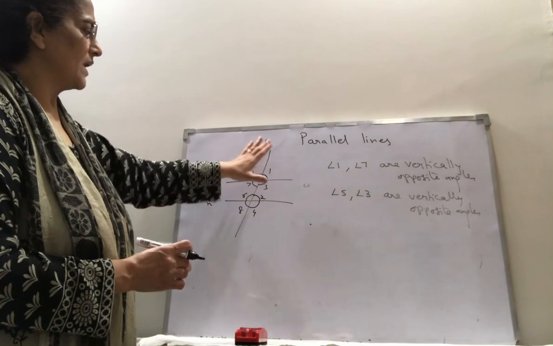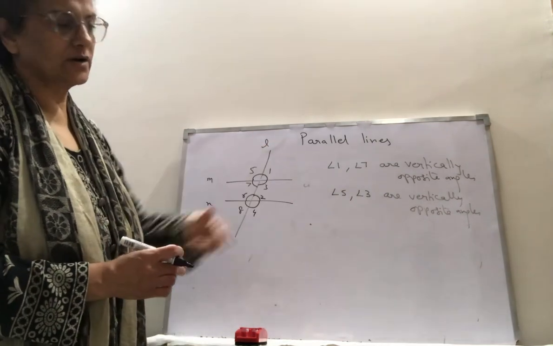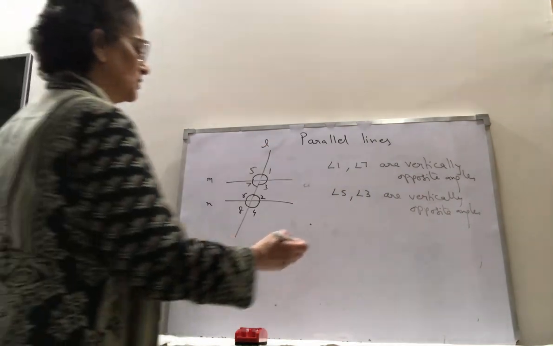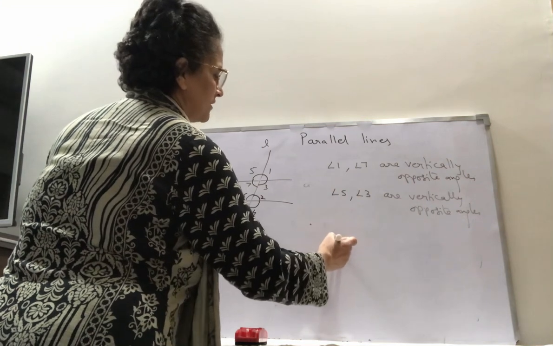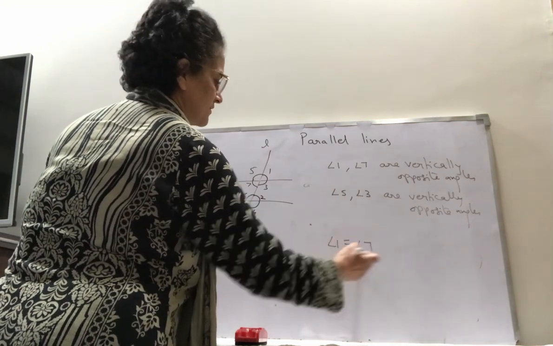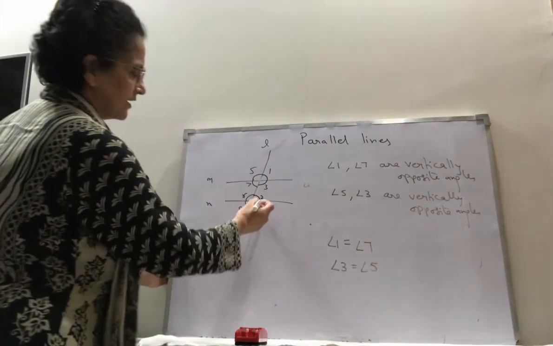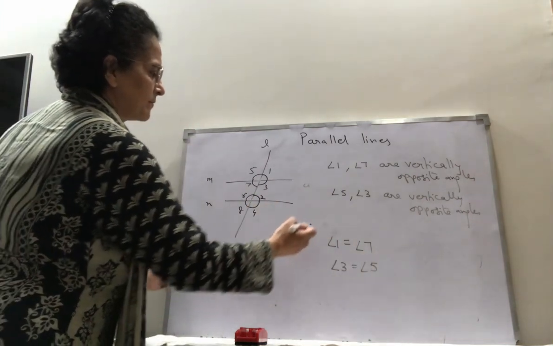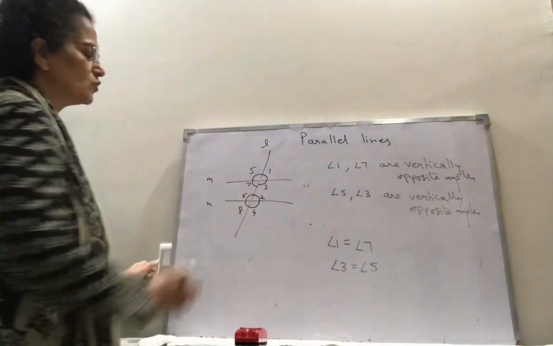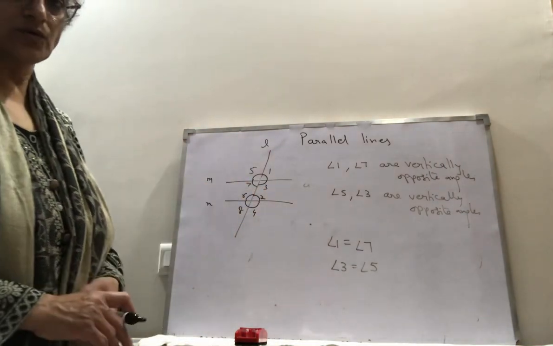So when two lines intersect, their vertically opposite angles are equal. So angle 1 is equal to angle 7, angle 3 equal to angle 5, and when we talk about this, we can say 2 is equal to 8 and 4 is equal to 6.